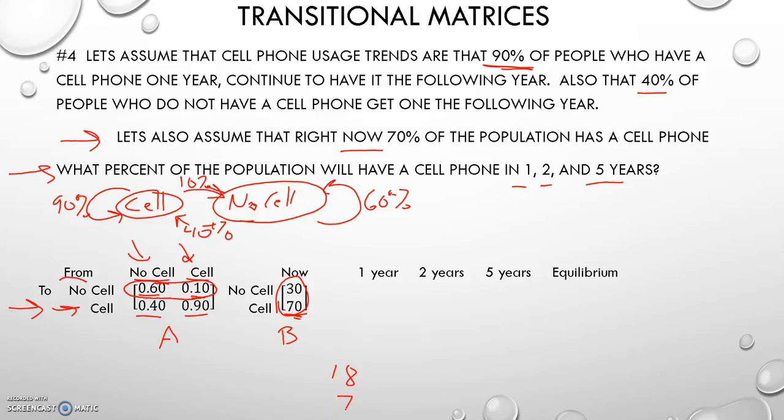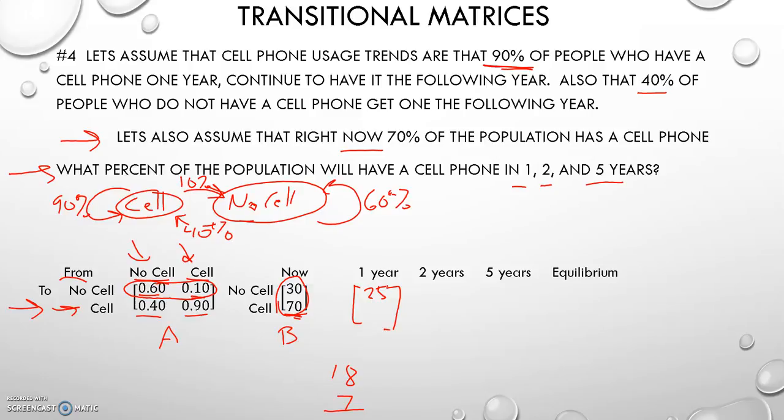So if we're looking to find the number of people who do not have a cell phone the following year, we're going to have 18 plus 7: 18 from the people who don't have a cell phone this year that will continue not to have a cell phone, and 7 of these 70 people who have a cell phone this year will get rid of it next year, and 18 plus 7 is 25.